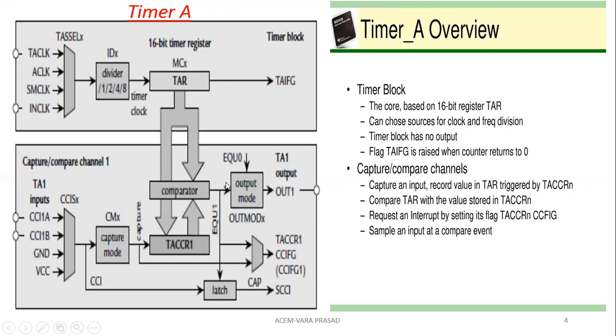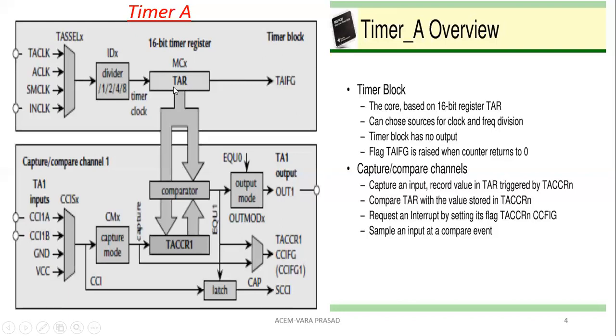Before going to the architecture, let's take an overall view of Timer A and the capture and compare channels. What blocks are available in the timer block? The core is the main 16-bit register TAR.